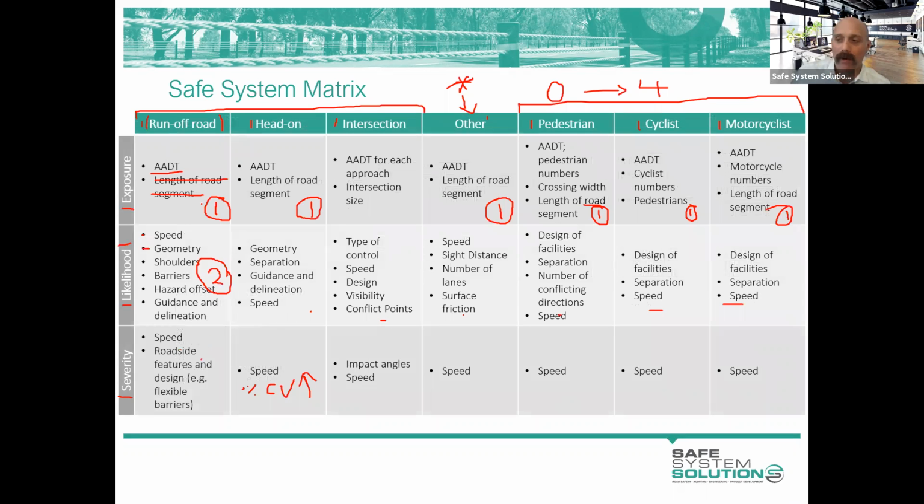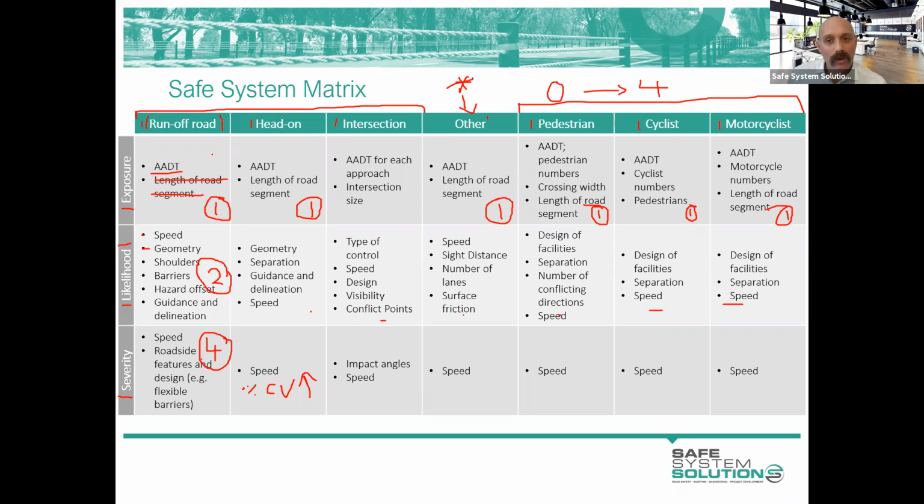And so maybe we've decided, because this is a low volume, high speed road, and there's no barriers and there's trees lining the side of the road, when the crash happens, we know the severity is going to be bad, because we know that a roadside crash into a tree or power pole above about 40 or 50 kilometers per hour is highly likely to result in death or serious injury. So then we've got maybe a 4 down here.